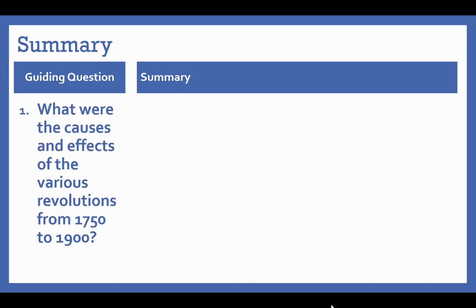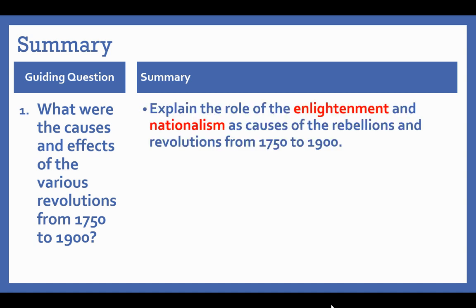So, just to summarize, what were the causes and the effects of the revolutions that I just talked about? This is where you check your chart. First of all, the American Revolution: the Enlightenment criticized British mercantilism and the fact that the colonials did not have any representation in Parliament.